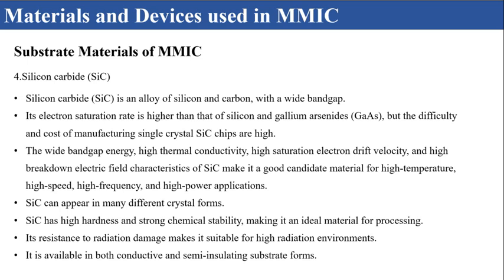Silicon carbide can appear in many different crystal forms, with high hardness, strong chemical stability, and resistance to radiation damage, making it suitable for high radiation environments. It is available in both conductive and semi-insulating substrate forms.